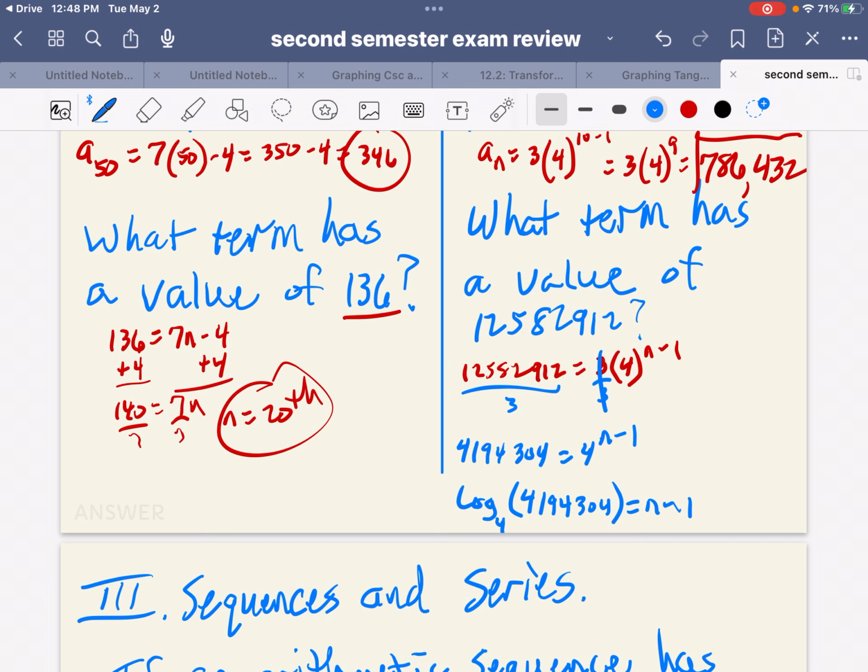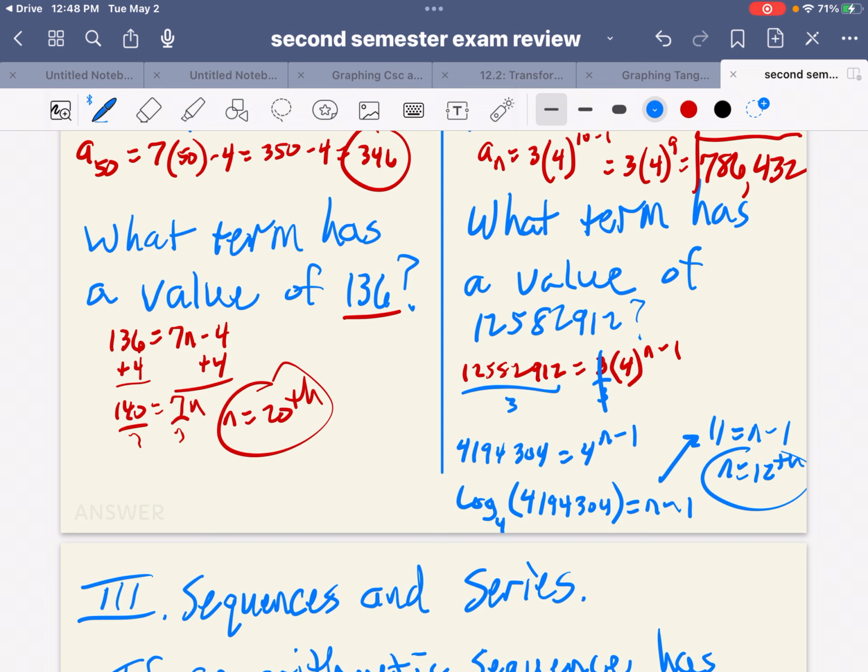So grabbing my calculator, if I pull up my logarithm and I give it a base of 4, and then I type in that great big 4,194,304 and press enter, the calculator tells me 11 is equal to n minus 1. Add 1 to both sides, and we have found that it was the 12th term that was 12,582,912.